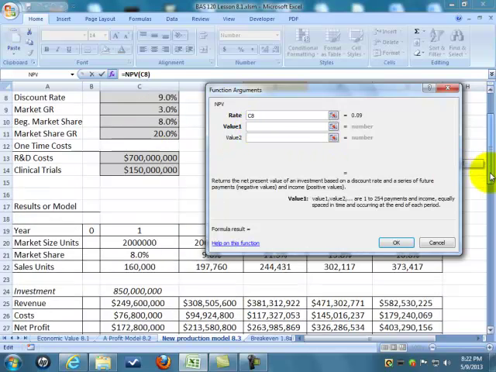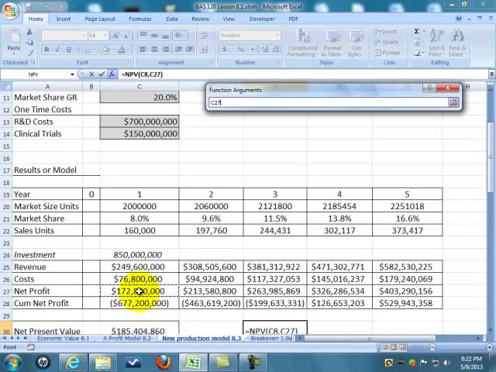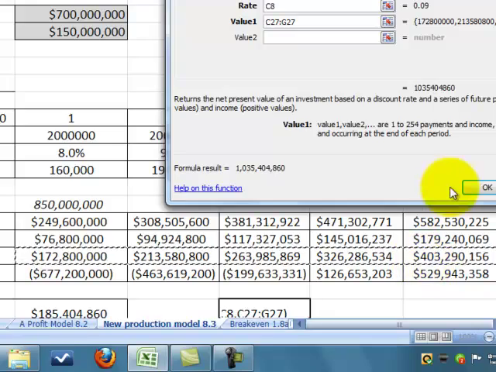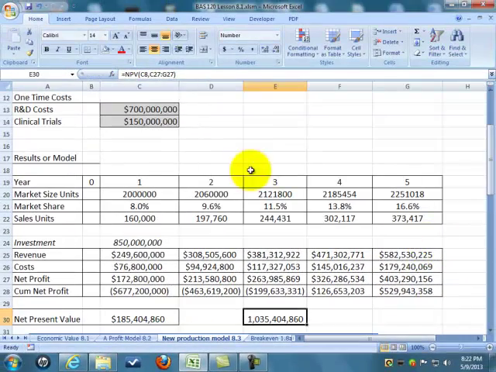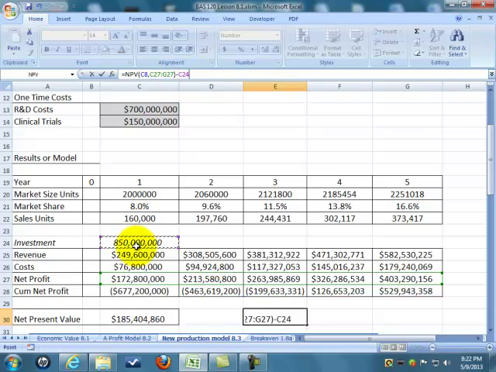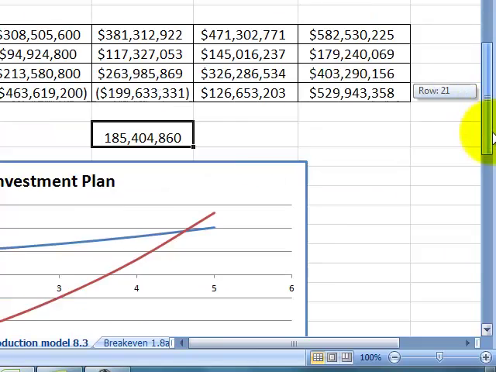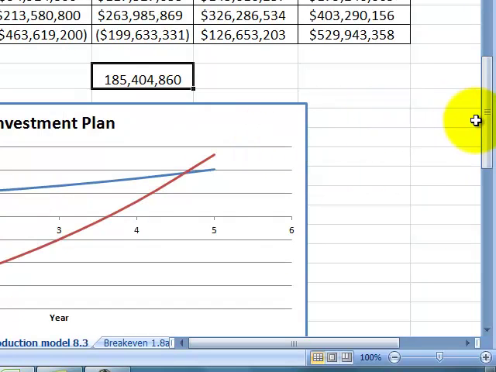For the values, I'm going to take my annual net profits, and notice I haven't included the investment. Okay? So that's fine. And then I'm going to say minus whatever my investment was, which was that. And there, as you see, that's how I got the 185,404,000.